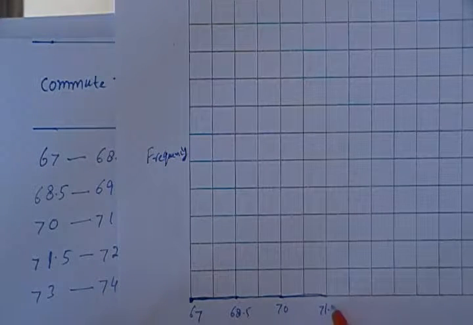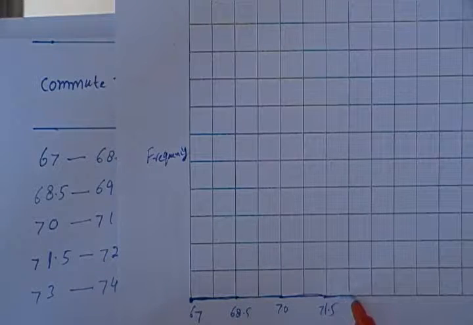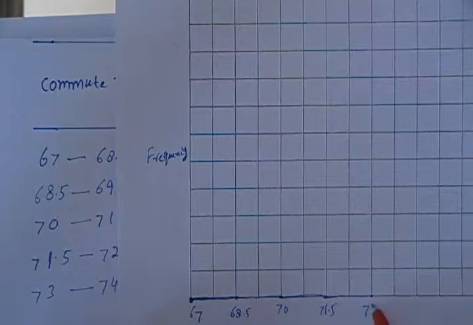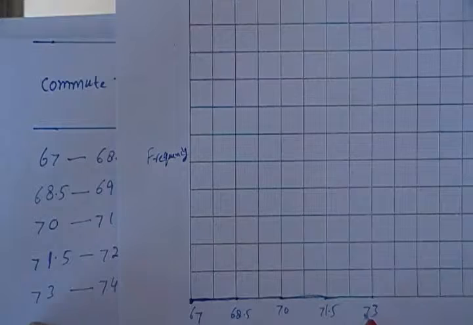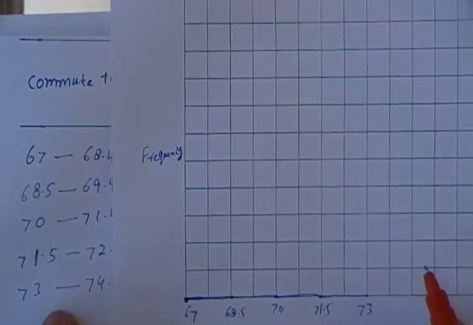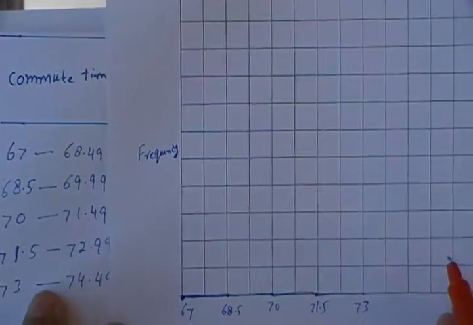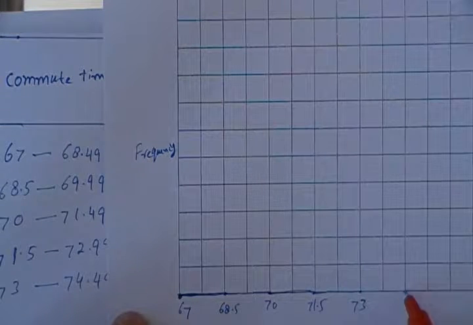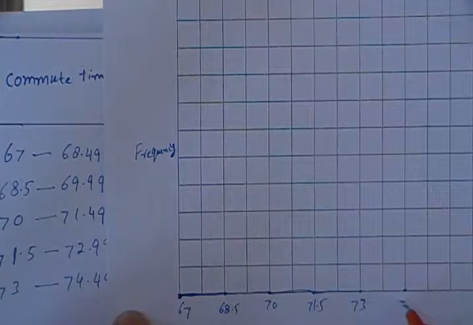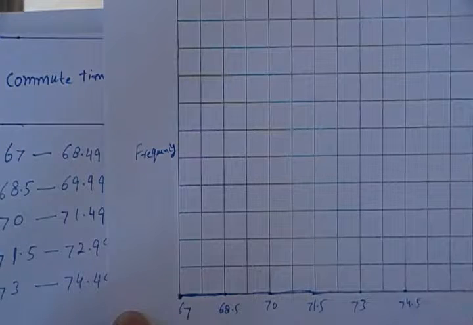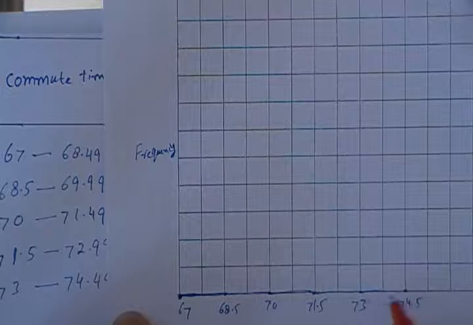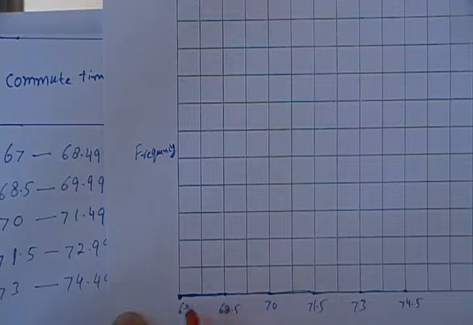Then the next lower limit is 73, so we go with 73 here. Because this is the last class, you put the upper limit, 74.49, and make it a little bit up, so this would be 74.5.